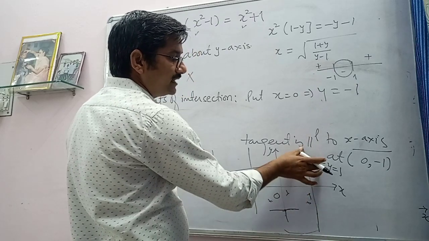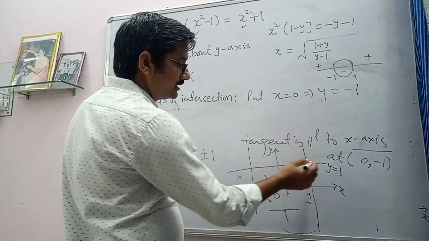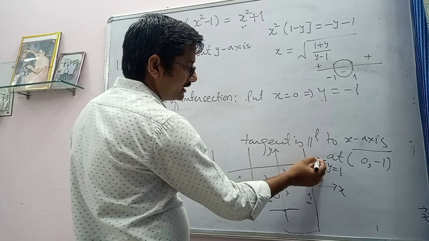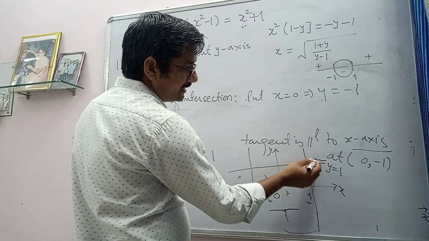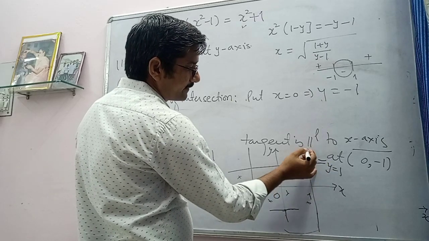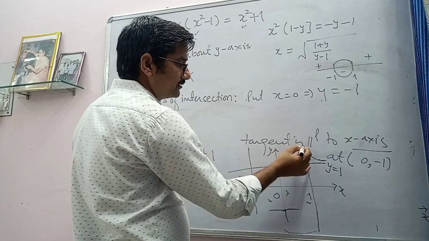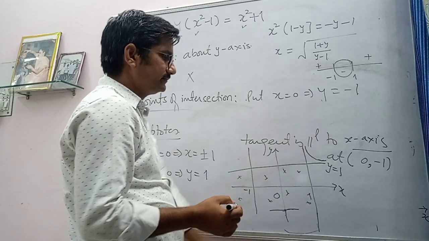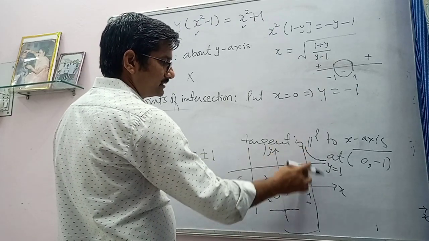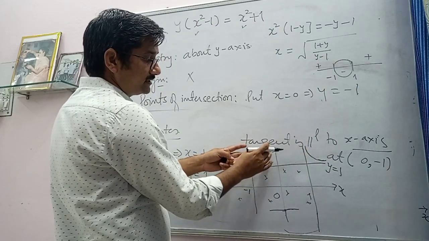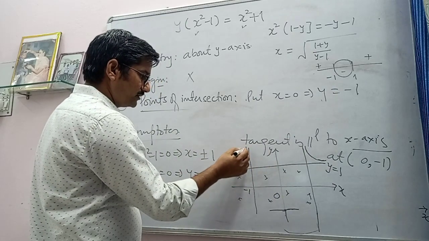So if these two are the asymptotes, the branch of the curve will move parallel to this line, and similarly here. Joining this portion, and since the curve is symmetric about y-axis, drawing in this side also.